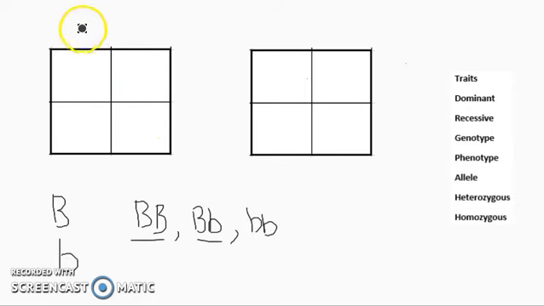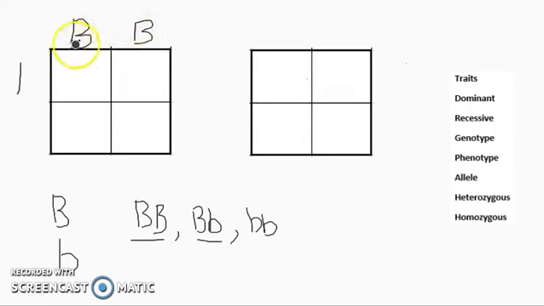So let's say we'll put one parent across the top and one parent across the side, and then it's just cross multiplying here. So let's say my dad is across the top and he has brown eyes like this, so he would be what we call homozygous dominant.